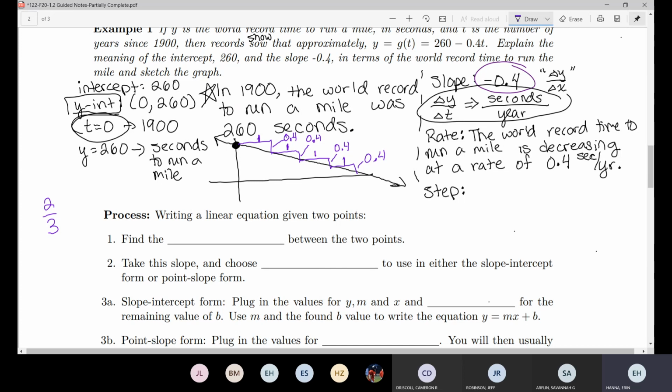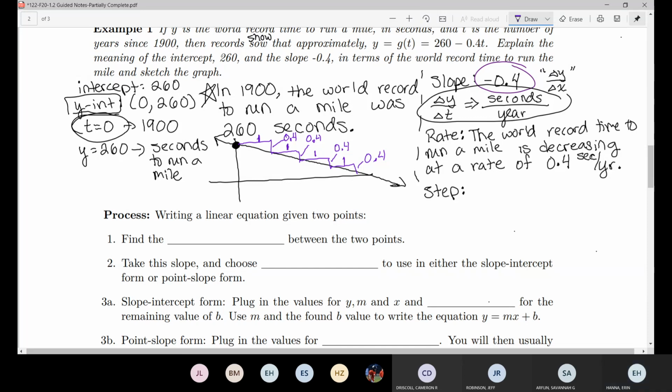We're always just going to take it to be over 1 up or down, however many your slope tells you, right? So what we're going to do in this way is this is essentially what we're looking at. We're going to say that we're going to increase the t value by 1. We're going to take a step over to the right, and then the y values are going to decrease because we're going down by 0.4. So that's how the interpretation for this piece is going to go. We go over 1, down the slope, or up the slope, depending on the sign of the slope.